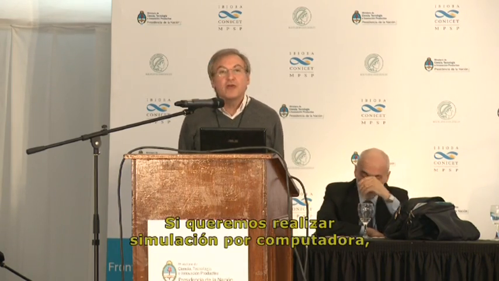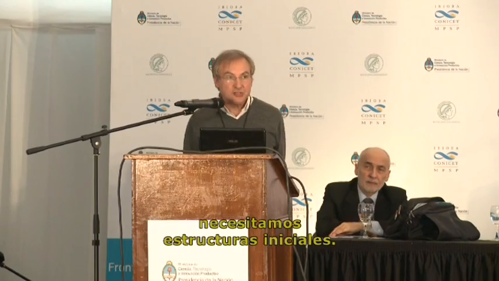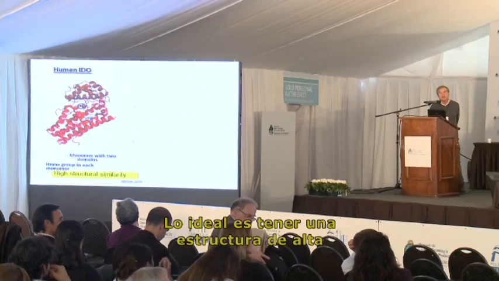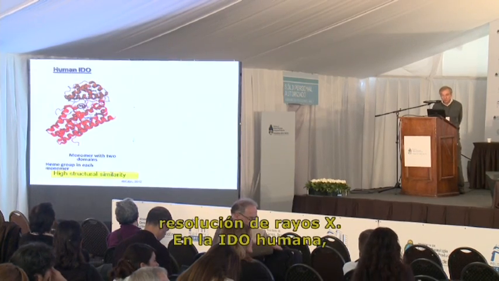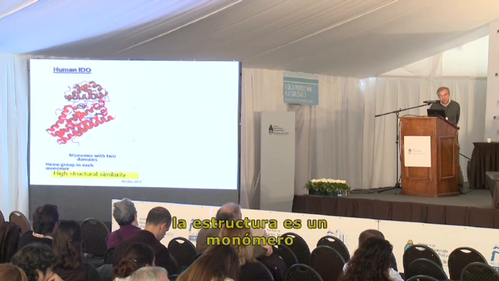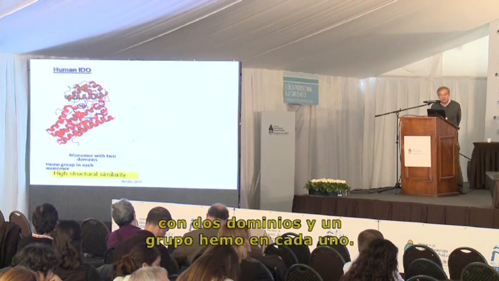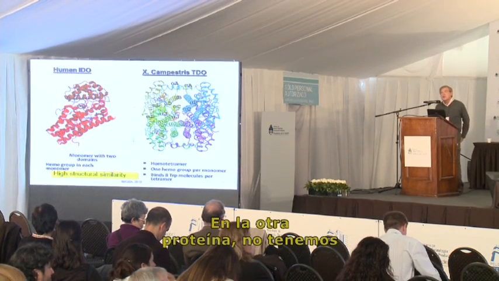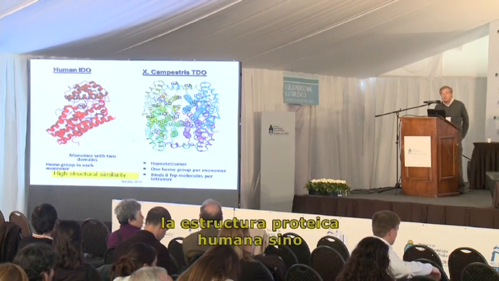If we want to perform computer simulations, we need structures. We need starting structures. The ideal situation is to have an X-ray structure, a high-resolution structure. For human IDO, we have a structure. It's a monomer with two domains, and there is a heme group in each domain. For the other protein, we don't have the human protein structure.